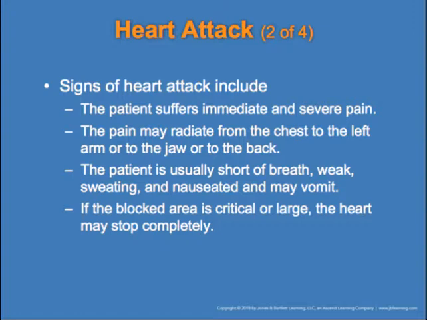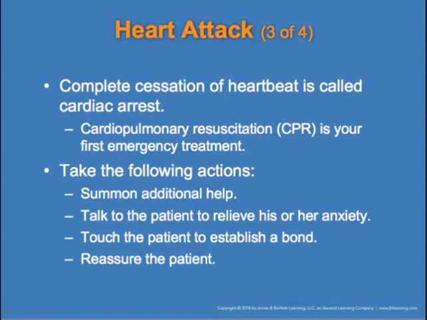But there may be some sort of radiation between one of those three areas. The patient normally has shortness of breath and will be weak, maybe sweaty, maybe nauseous, and they may vomit. If the blocked area is critical or large, the heart may stop completely. Complete cessation of the heartbeat is called cardiac arrest.